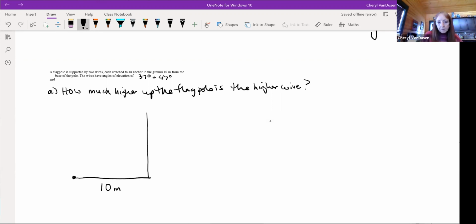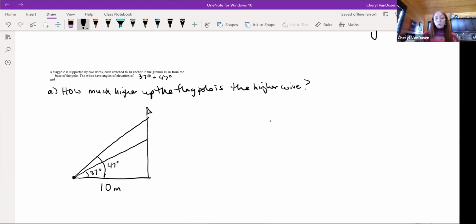So draw that. And then we have two wires going up at different heights. One goes here and one goes up higher, maybe not right to the top, but higher. And then this angle, the smaller angle, is 37 degrees. And then the entire bigger angle is 47 degrees. Okay, so that's what this picture could look like.